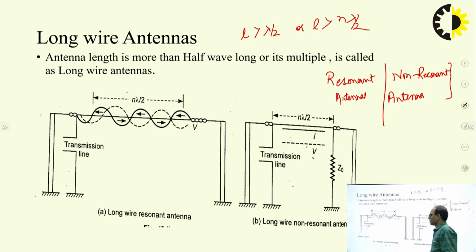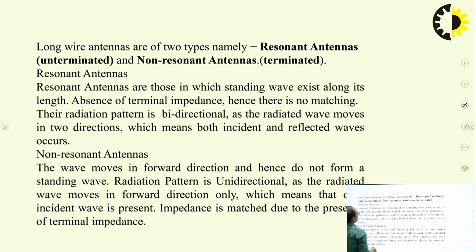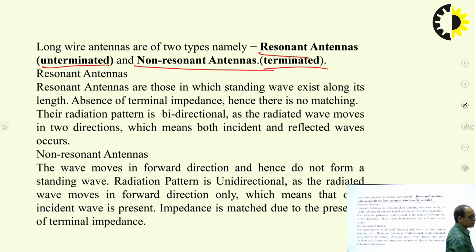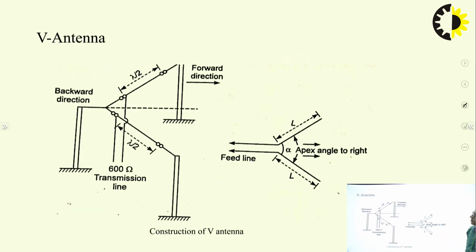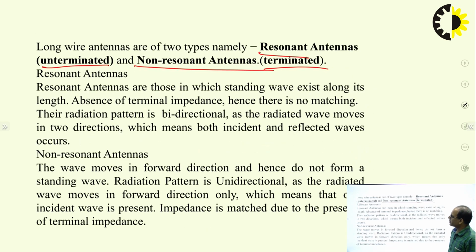Let's talk about the resonant antenna. These resonant antennas are also known as unterminated antennas, and the non-resonant antennas are known as terminated antennas. Terminated antenna means there will be impedance matching. Unterminated means the antenna terminals are not properly terminated.